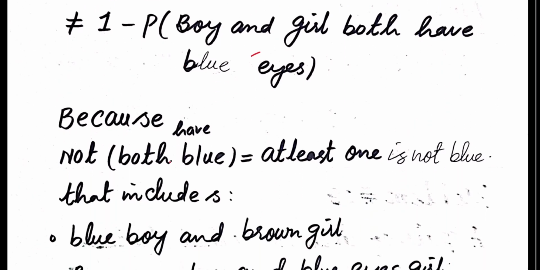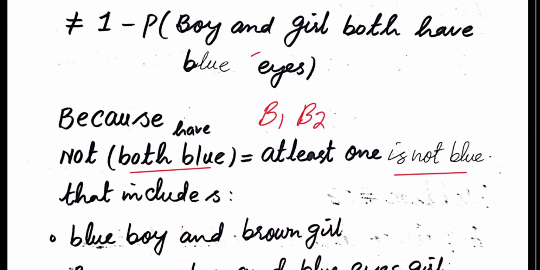When we say both persons do not have blue, it means at least one is not blue. Both not blue means the first one is not blue, the second one is not blue. It means it is possible that at least one is not blue.